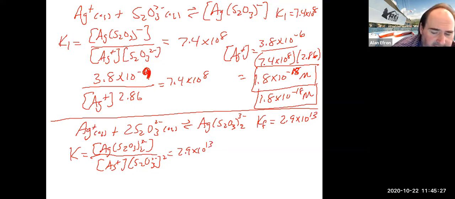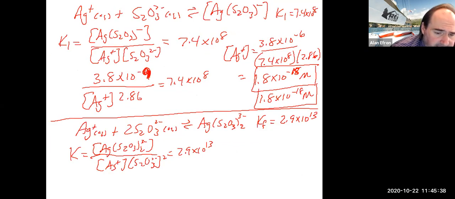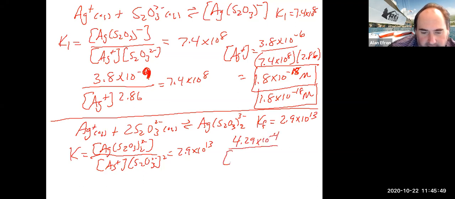Putting in our numbers from our very first ice table, so this number here and this number here, we're going to basically solve for silver, very much like we did in the first example. So it'd be good if I remember those numbers, 4.29. So we have 4.29 times 10 to the minus 4, our silver, and this guy was 2.86. We're going to square it, equals 2.9 times 10 to the 13.